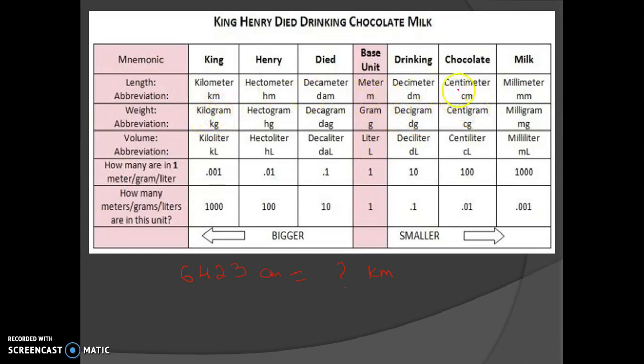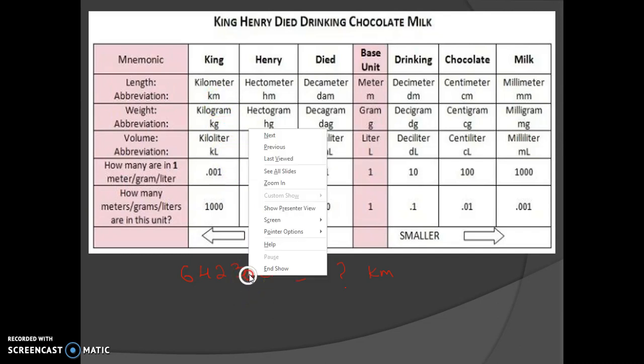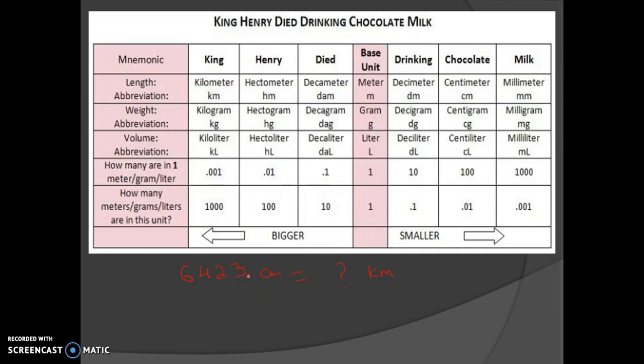So let's see how many places you're going to move the decimal. It's 1, 2, 3, 4, 5 places to the left. If there is no decimal, we assume that it's at the end. So here we put the decimal, and it goes 5 places, 1, 2, 3, 4, 5.